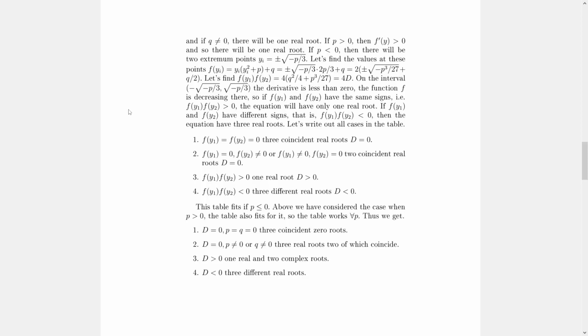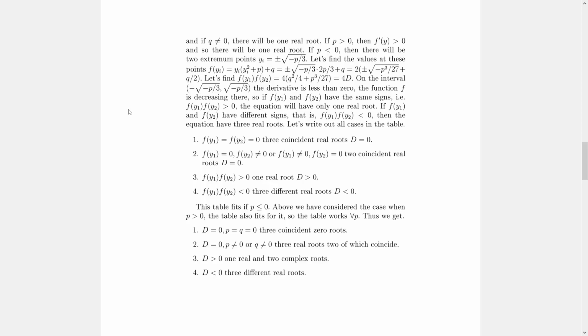If the product of the values of the function at the two extreme points is greater than 0, then we have one real root, and d is greater than 0. And if the product is less than 0, then we have three different real roots, and d is less than 0. This table fits if p is less than 0.